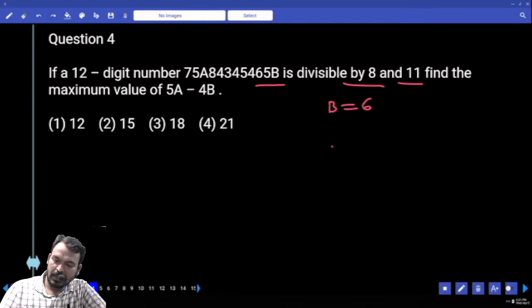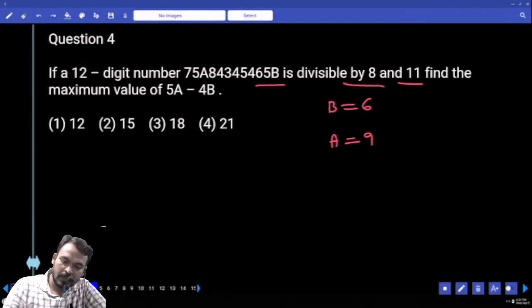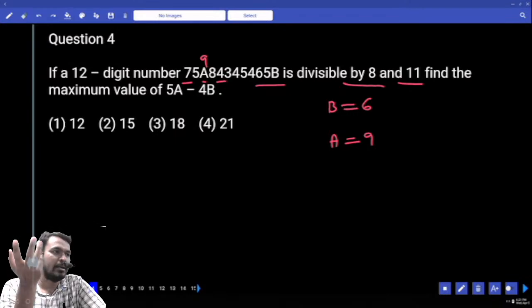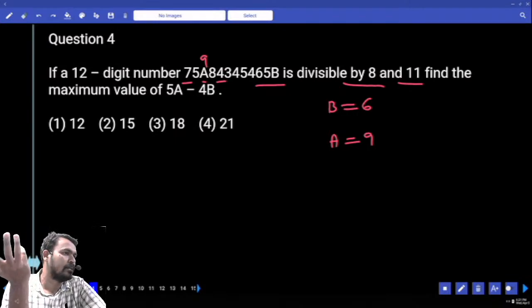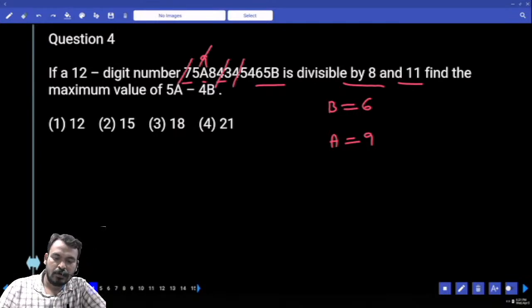Okay. Suppose a value I consider 9. Means in place of a I write 9. What is the divisibility of 11? Alternate digits sum difference will be either 0 or 11. 7 plus 9, 16 plus 4, 20 plus 4, 24 plus 4, 28 plus 5, 33 or not?